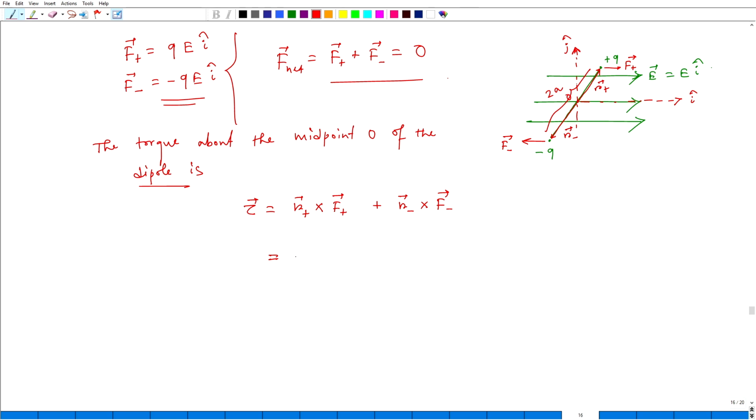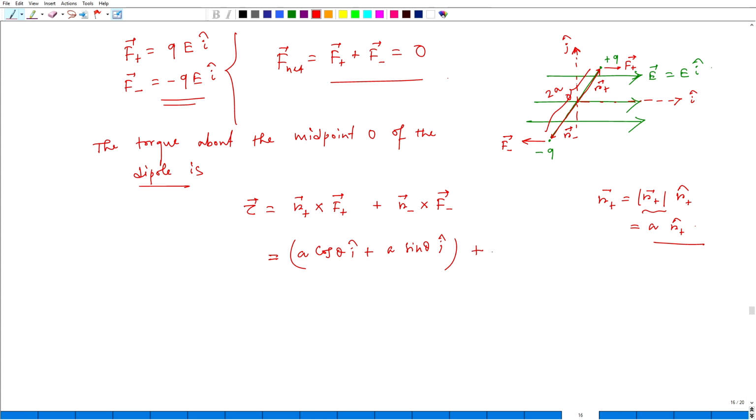So the r plus vector is a cos theta i cap plus a sin theta j cap, that is, the magnitude a times the r plus unit vector, which we know how to write in terms of i cap and j cap: cos theta i cap and sin theta j cap, multiplied by a.